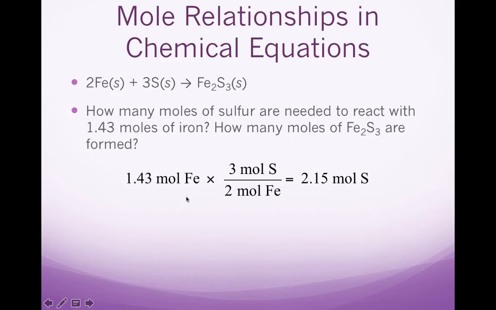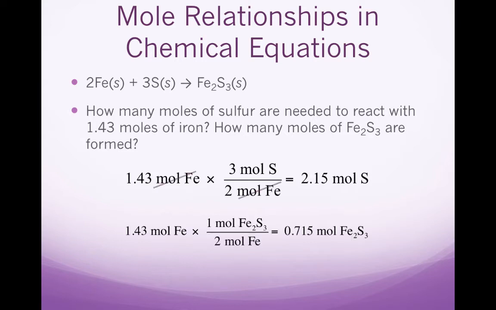Then I want to know how many moles of iron 3 sulfide are formed. Oh, and yes, my units cancel. Same idea. I start with what I know, 1.43 moles of iron. I put moles of iron on the bottom, because that's what I want to get rid of, and then I put moles of iron 3 sulfide on top, that's what I want to get.